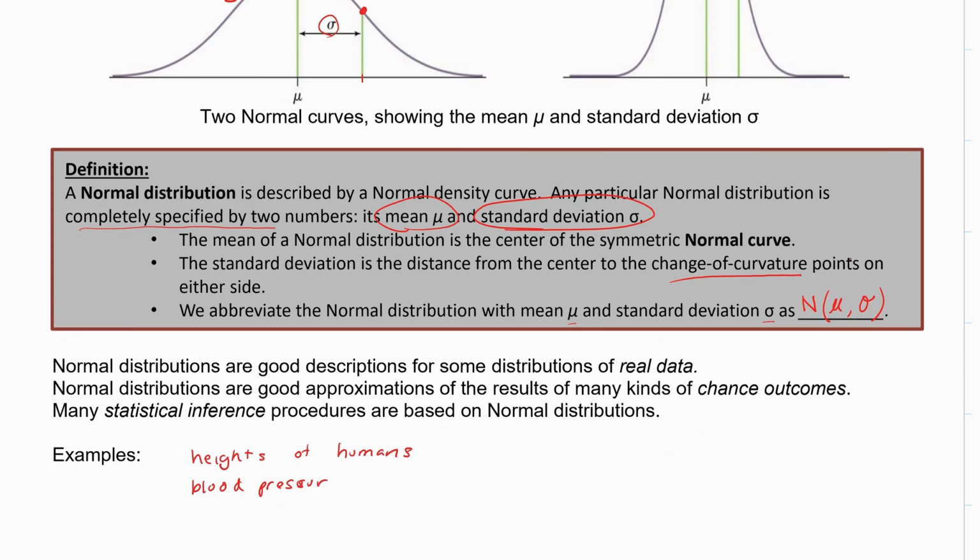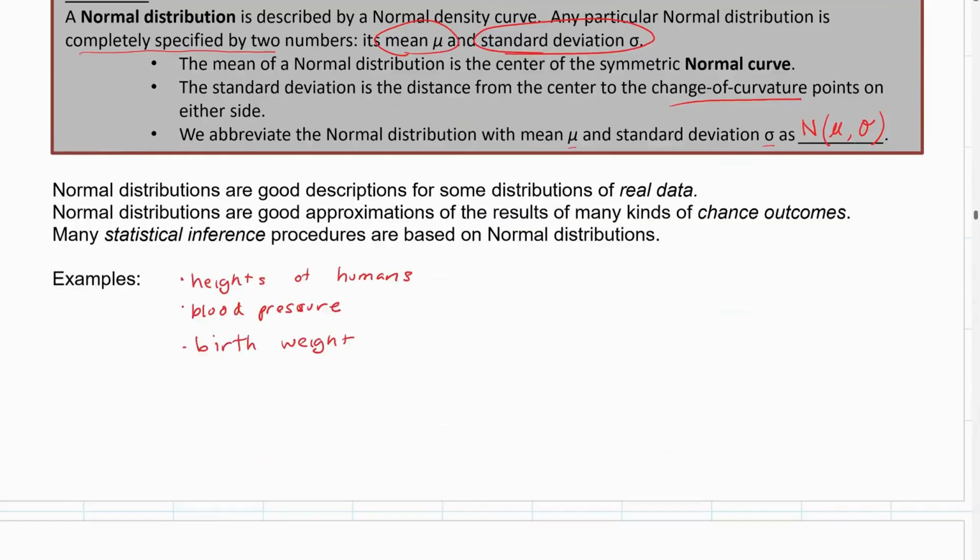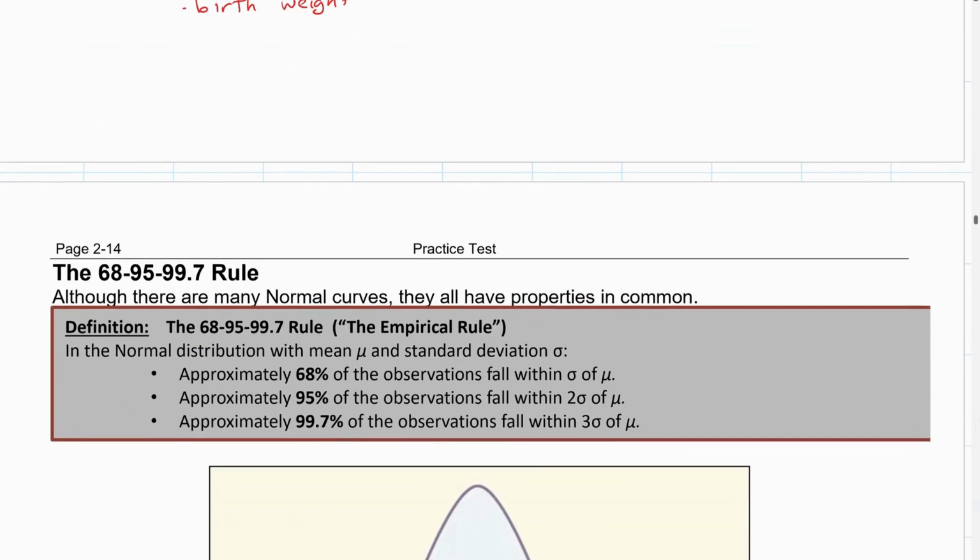Not everyone has the same blood pressure, but when you look at everyone's blood pressures together, they end up being naturally normally distributed. Birth weights are normally distributed. They just show up everywhere. And so it's really worth our time to learn a lot about them and get ready to apply what we learn in future problems.